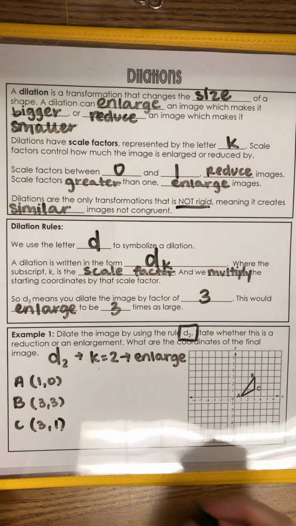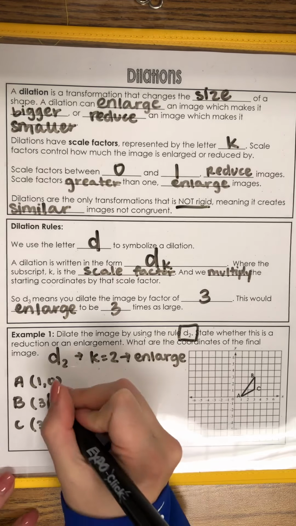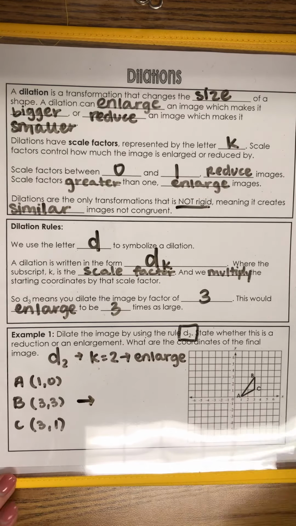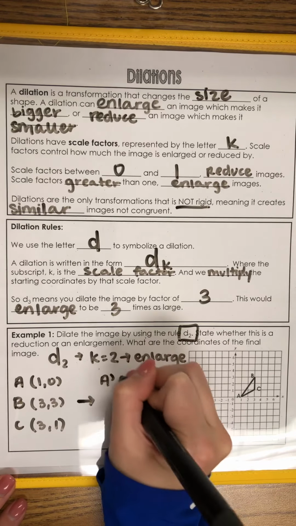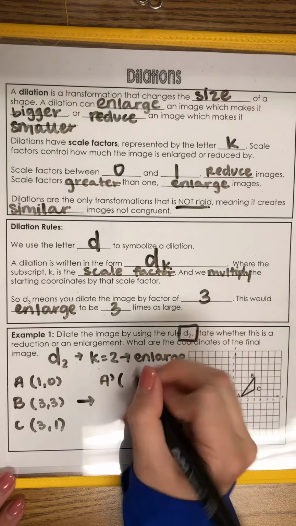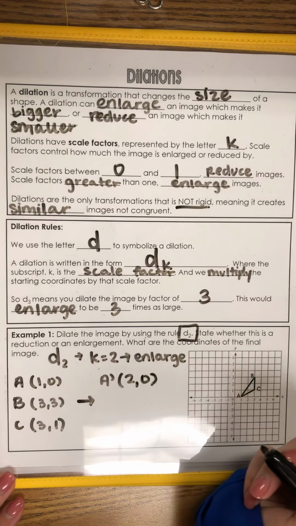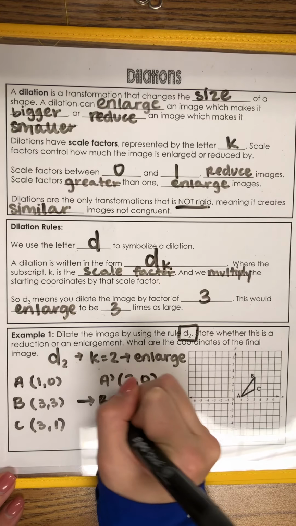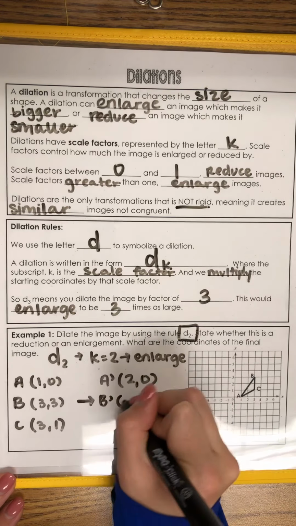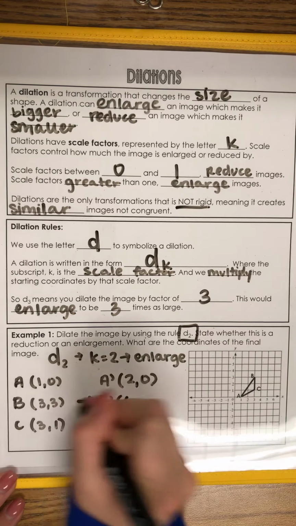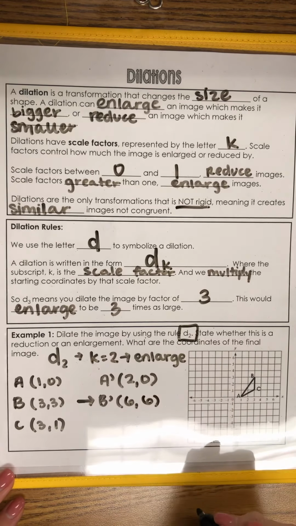Then, to apply the dilation, we're going to multiply each value in the coordinate by 2. So for A prime, we're going to do 1 times 2 to get 2, 0 times 2 to get 0. For B prime, we're going to multiply 3 by 2 to get 6, 3 by 2 to get 6.